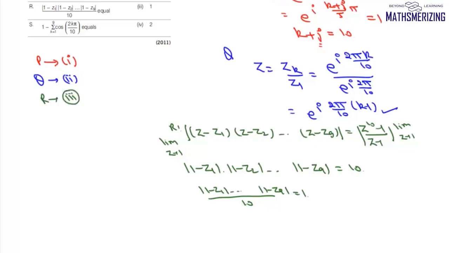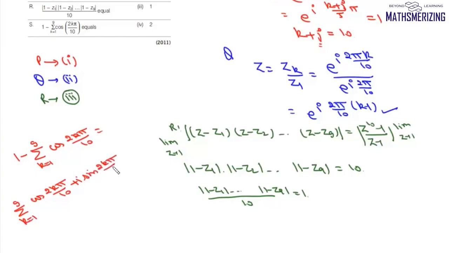And for this fourth one, we need to find 1 minus this summation, k varies from 1 to 9, cos 2k pi by 10. Now we know that summation k varies from 1 to n minus 1 of cos 2k pi by 10 plus iota sine 2k pi by 10 is minus 1.